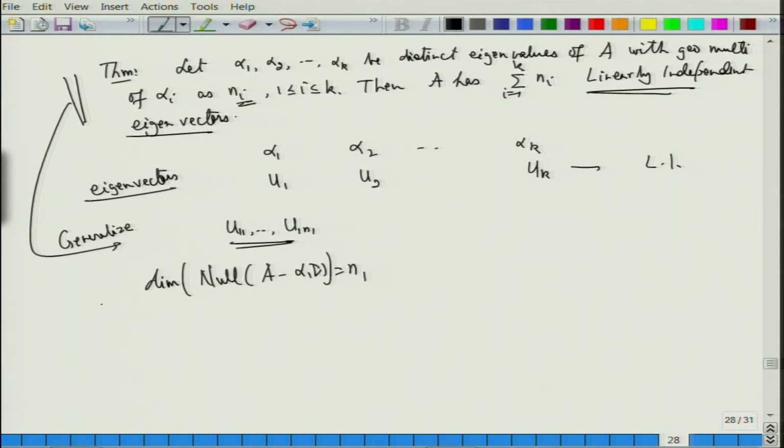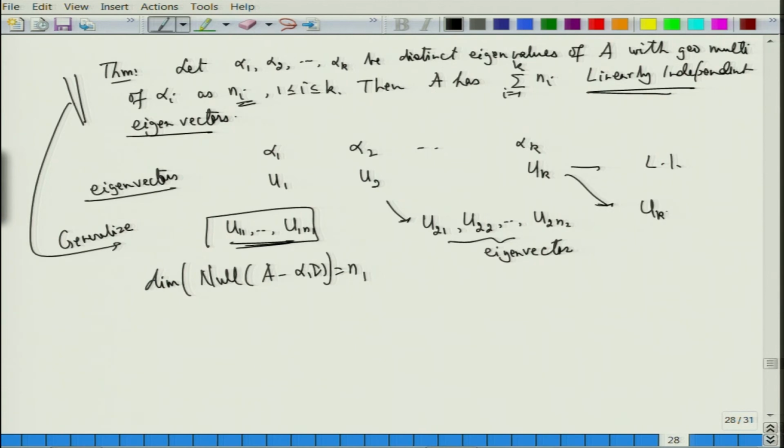That is what our assumption is. So, I will get so many linearly independent eigenvectors. Here I will get u21, u22, till u2n2 eigenvectors, fine, and here I will get uk1, uk2 till uknk eigenvectors.